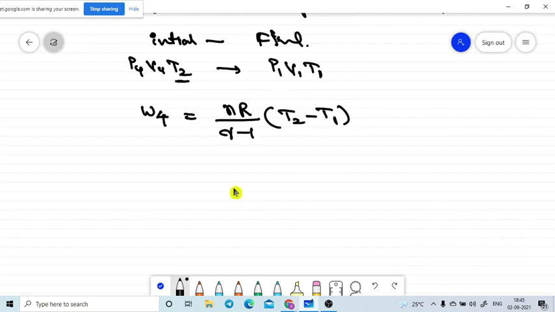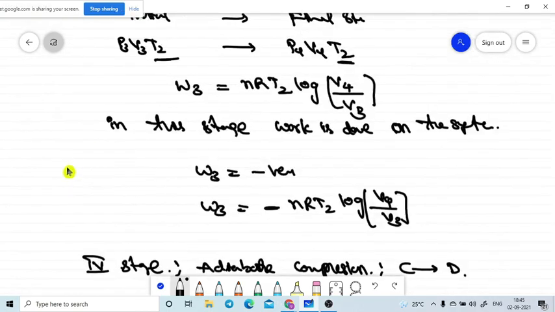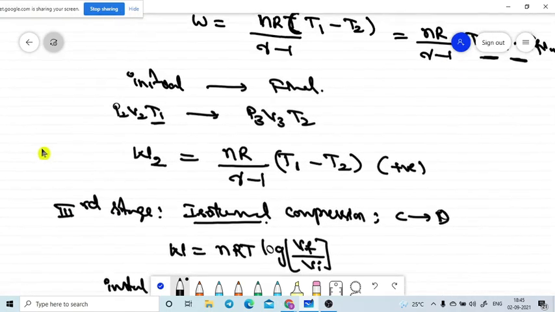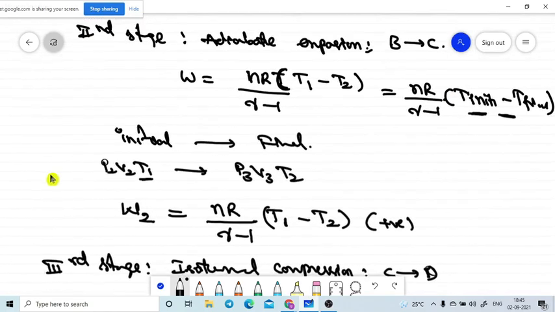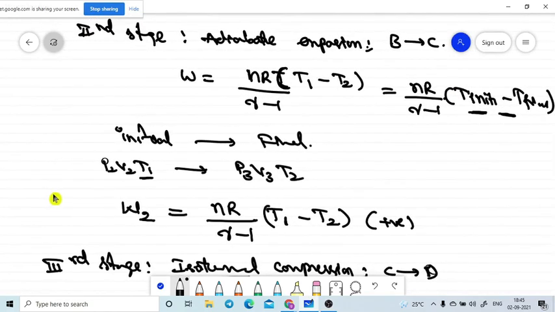Yes, sir. But one thing you need to take care about here: T initial value minus T final value. Let me check the formula here. Yes, sir, T1 minus T2.